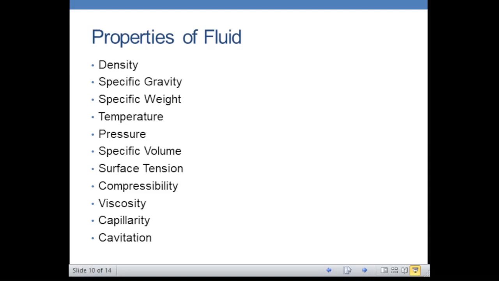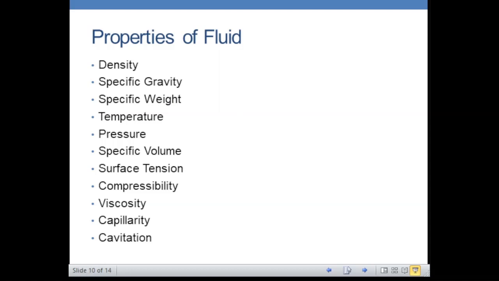So if we want to describe more about the property or the characteristic of the fluid, we can use the following measurements or quantities. These are the basics: density, specific gravity, which is also known as relative density, and we also have the specific weight, the temperature, the pressure, the specific volume, the surface tension, compressibility, viscosity, capillarity, and cavitation.